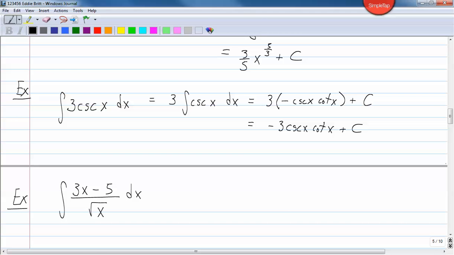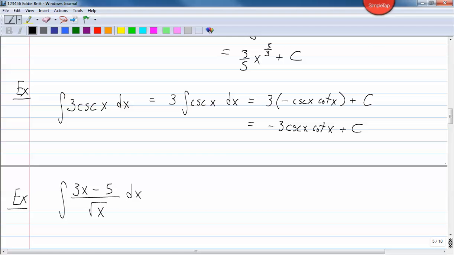Now, here's something that you can never do. You cannot integrate the numerator and denominator separately. Ever, ever. If you try and work this problem like that, you will fail miserably. It doesn't matter if it's algebraic, trigonometric, you cannot just integrate a numerator and denominator separately.